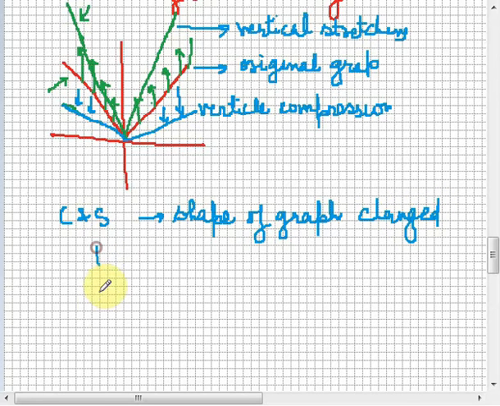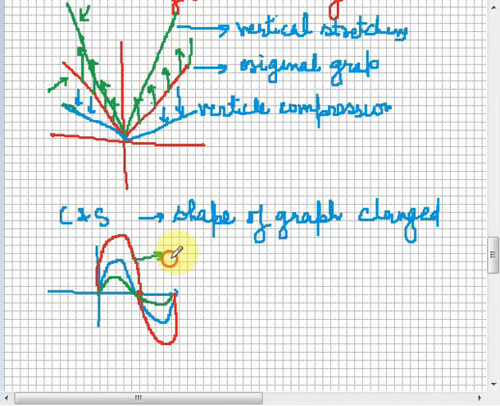Suppose this is our original graph, then stretching means the new graph will be like this. This is stretching. And compression means vertical compression, the new graph will be like this.